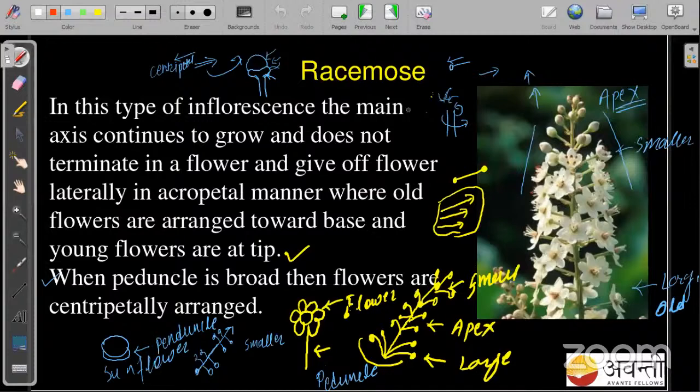Racemose is a type of inflorescence where clusters of flowers are structurally arranged, and it is acropetal. What is meant by acropetal? Acropetal is where the apex side continues growing. So in racemose, the apex side keeps growing, and the basal side has older flowers. That is the meaning of racemose.